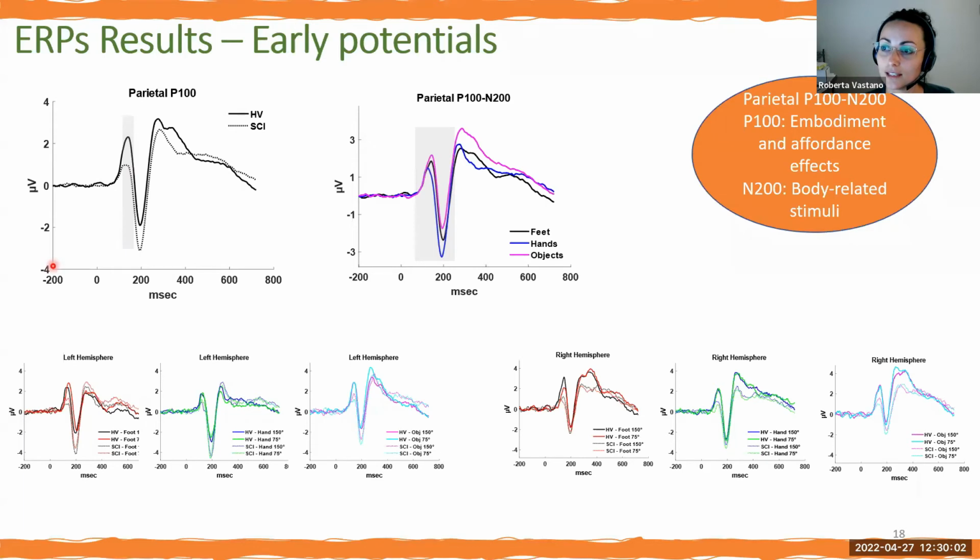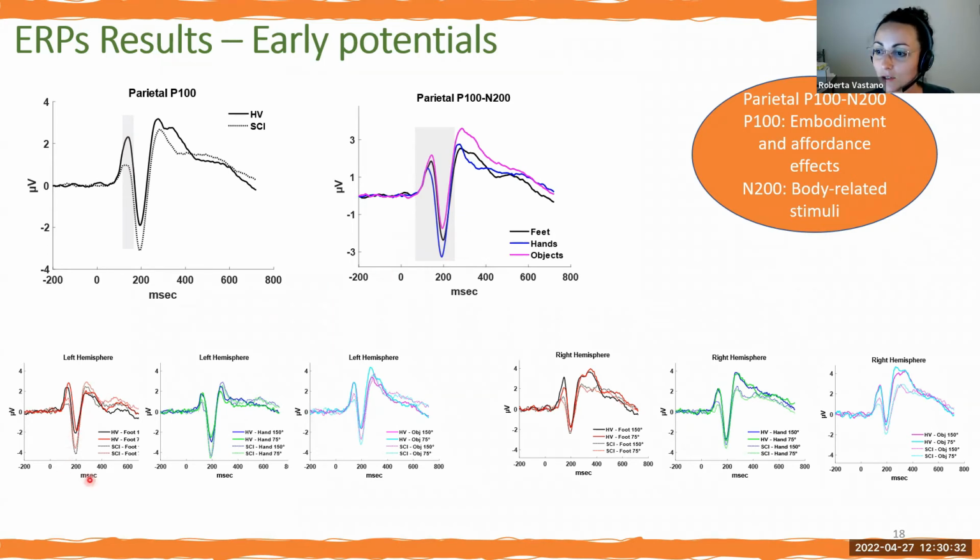So we found that SCI participants have reduced P100, this positive peak after stimulus onset, compared to control. We found an effect of a reduced N200 for objects compared to hands and feet, congruent with the literature that body-related stimuli show a higher amplitude of the N200.